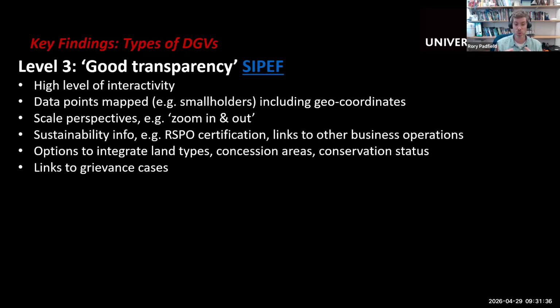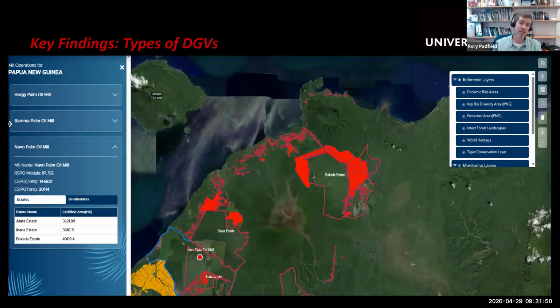So where community groups were unhappy, there might be a grievance going on in the background, and there would be a little bit of information about what the grievance was and any kind of status updates on that grievance. And this is just a screenshot of a representation of that level of detail that was provided. So again, the red here represents the smallholders that are supplying the mill, which you can see is the red dot towards the bottom left-hand side.